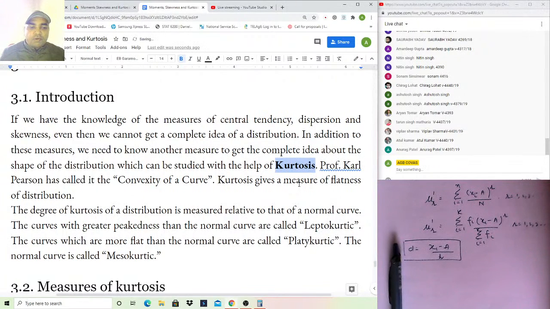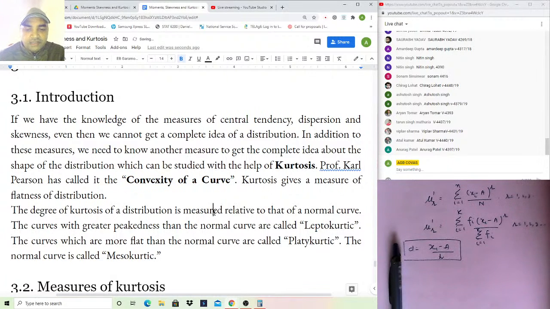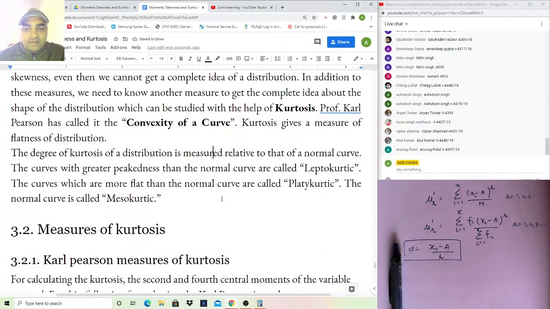Professor Karl Pearson has called it the convexity of the curve. So kurtosis, also known as convexity of the curve, gives a measure of the flatness of the distribution. The degree of kurtosis of a distribution is measured relative to the normal curve.